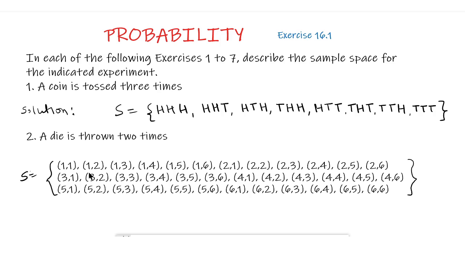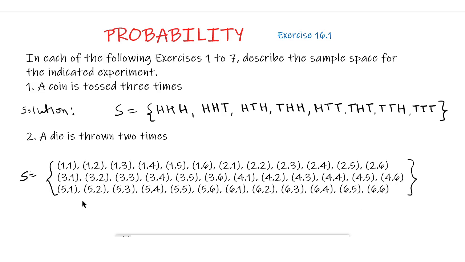Those are 1 1, 1 2, 1 3, 1 4, 1 5, 1 6. Then 2 1, 2 2, 2 3, 2 4, 2 5, 2 6. Then 3 1, 3 2, 3 3, 3 4, 3 5, 3 6. Then 4 1, 4 2, 4 3, 4 4, 4 5, 4 6.